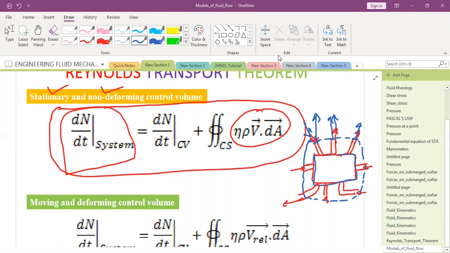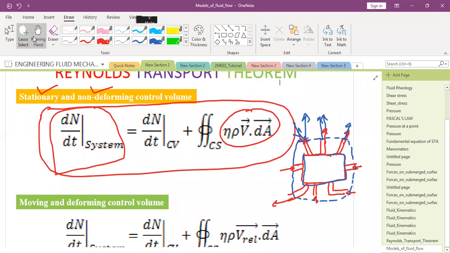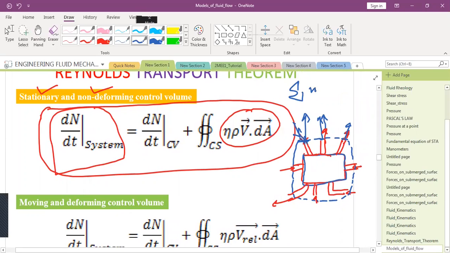So if I want to find the total amount entering and exiting the control volume, what should I do? If I ask you the net mass flow rate exiting from the system, you will say sigma m out minus m in. This is the total efflux from the control volume. Is it clear up to here?